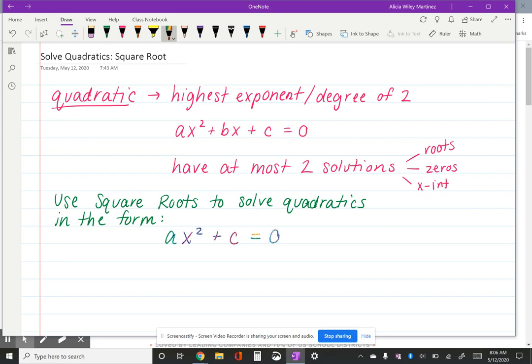So if a quadratic can be written in this form, and it's in standard form, then we can use square roots to solve.